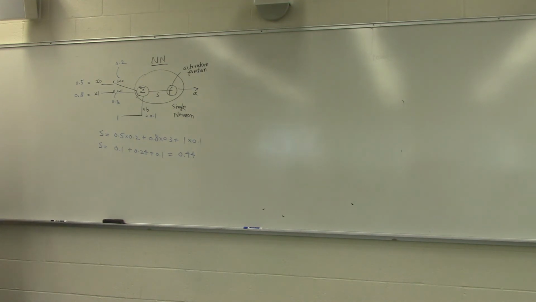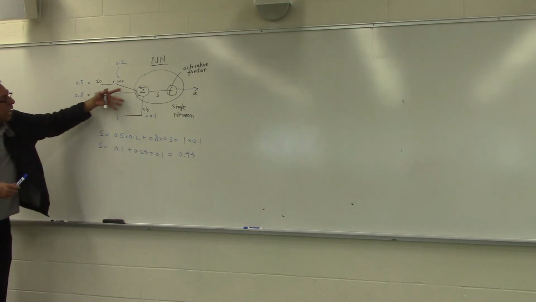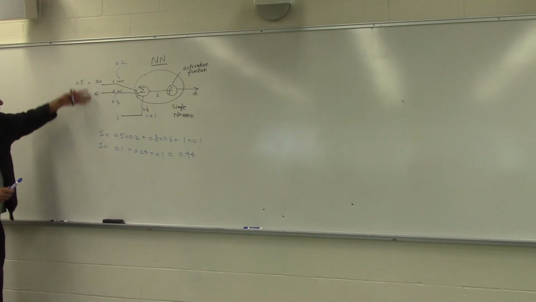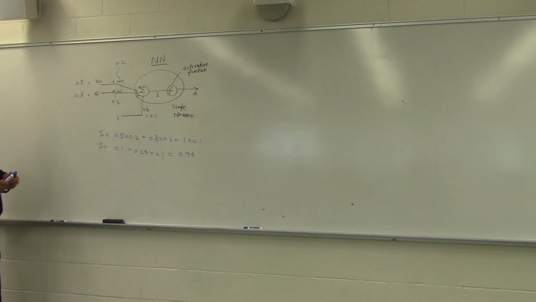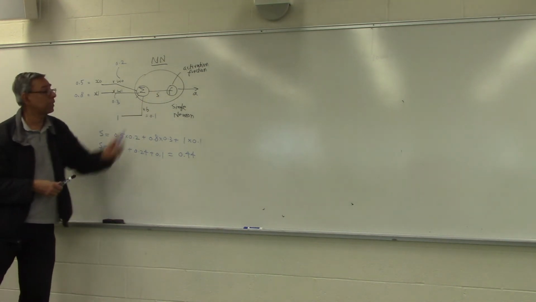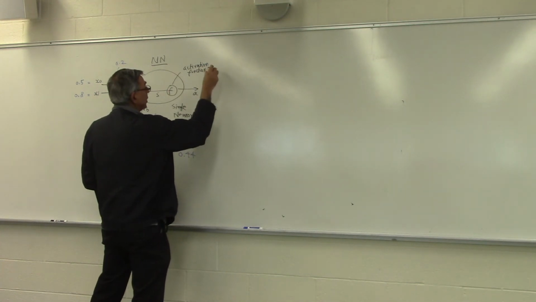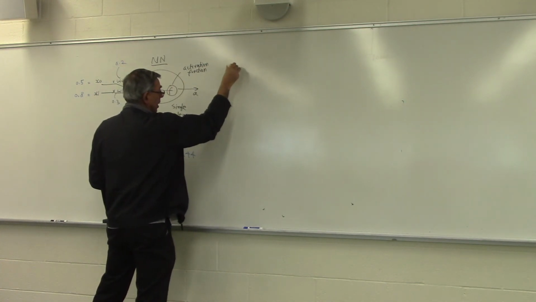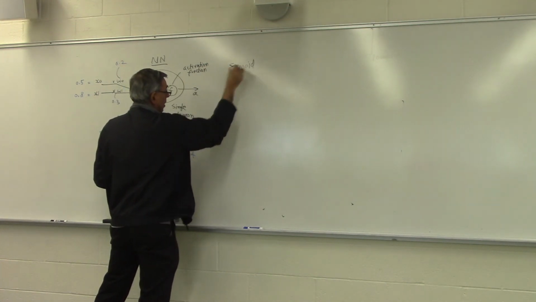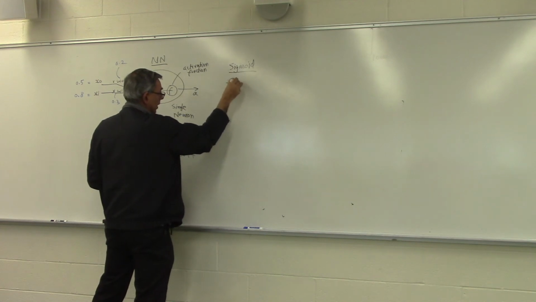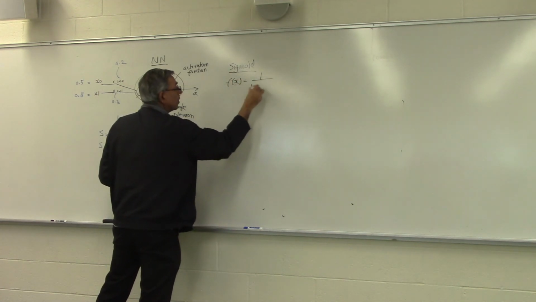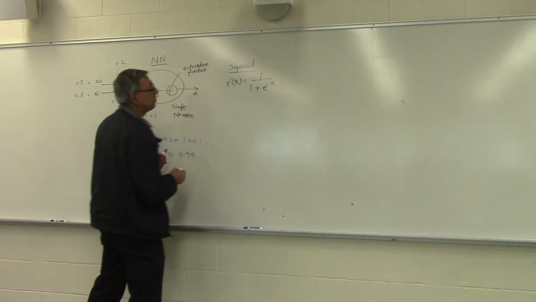So after the neuron adds all the inputs by multiplying them with certain weights, it then passes them through an activation function. Okay, one of the popular activation functions is called the sigmoid. Sigmoid looks like this: f(x) equals 1 over 1 plus e to the minus x.